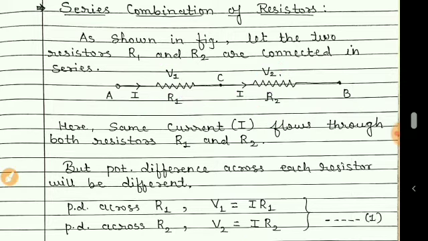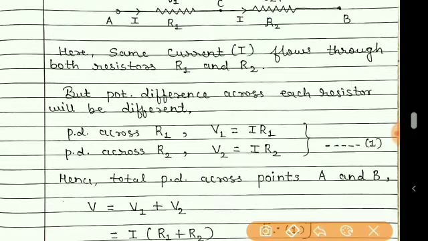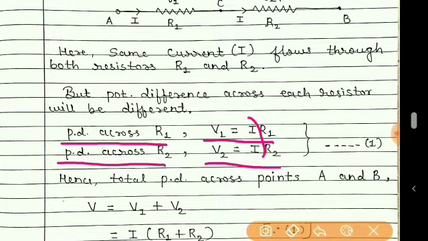So we can use Ohm's law and write that the potential across R1 is V1 = IR1. Similarly, the potential across R2 is V2 = IR2. You can see I is the same. Here we have used Ohm's law, V = IR.